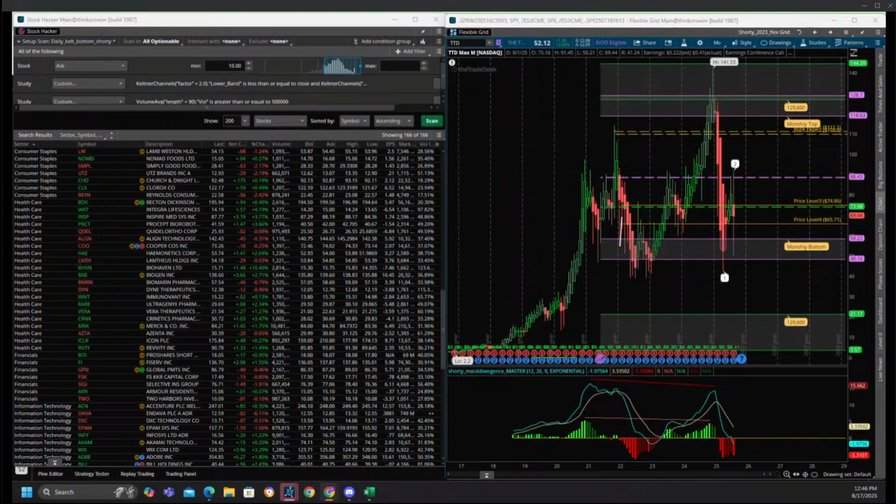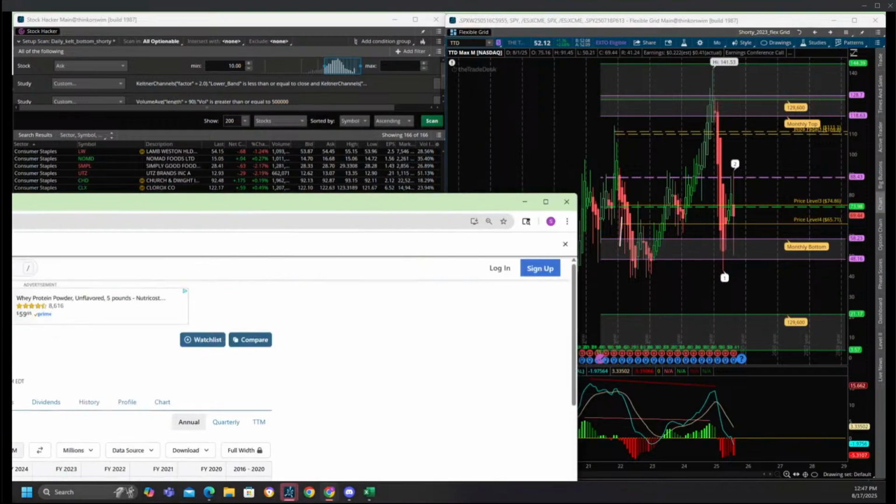In the news, they are saying that because of the large brand advertising slowdown, that's why it has gone down. But I don't know if that's the real reason. Let me take a look at their financials.